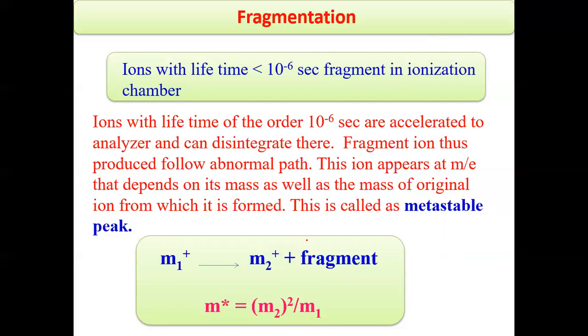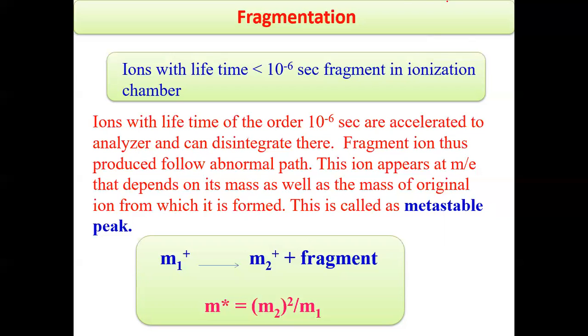Now ions with a lifetime of the order of 10 raised to minus 6 second are accelerated to the analyzer chamber, and they can disintegrate in the analyzer chamber. Fragment ions thus produced follow an abnormal path. These ions appear at m by e that depends on its mass as well as the mass of the original ion from which it is formed. Such peaks are called metastable peaks.